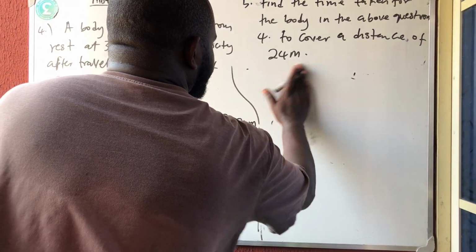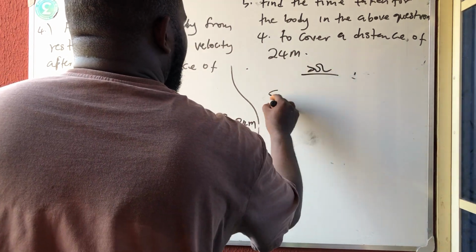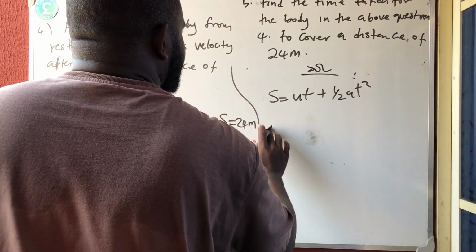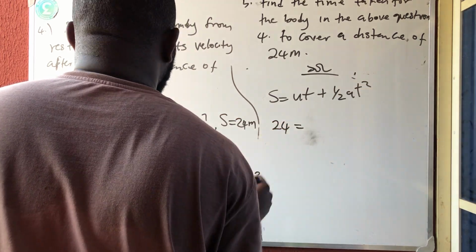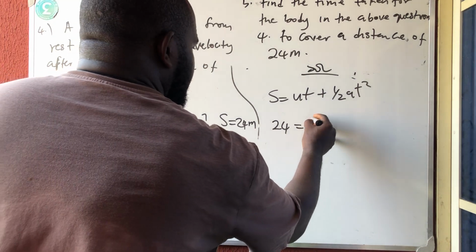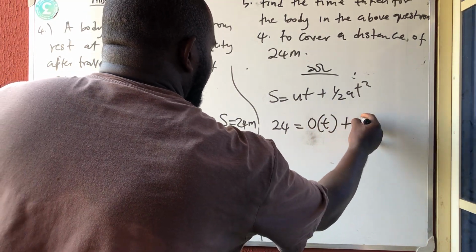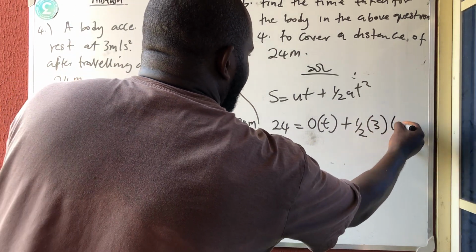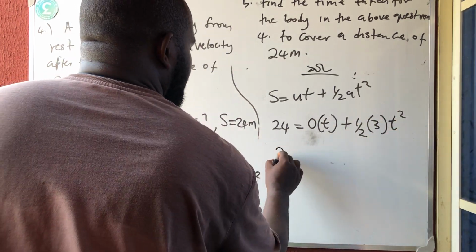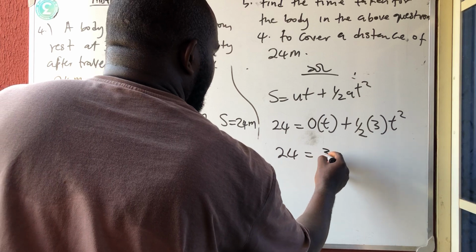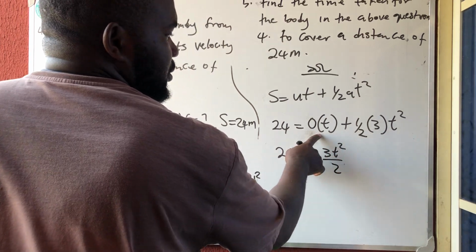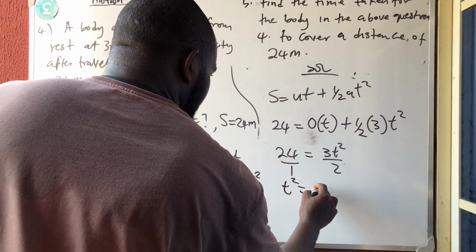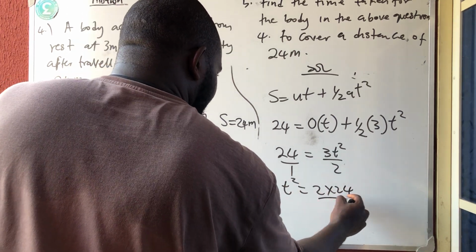Solution. s is equal to ut plus 1 over 2 at squared. So I'm having that s is 24 is equal to u, initial is 0. So I'm having 0 bracket t that I'm looking for plus 1 over 2 bracket my a is 3 and I'm having t squared. So I'm having here 24 is equal to what? 3t squared over 2 because this is 0. If I cross multiply, I'm going to have that t squared is equal to 2 times 24 divided by 3.